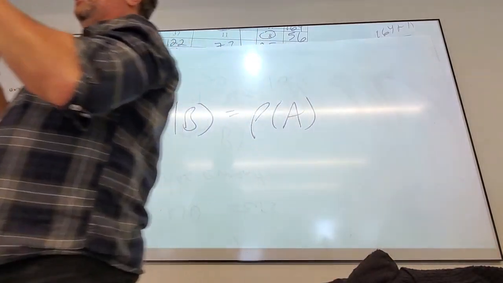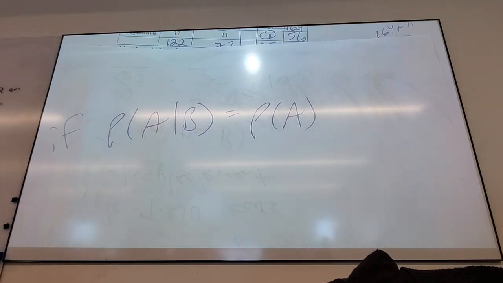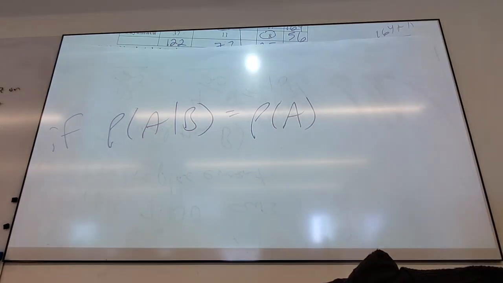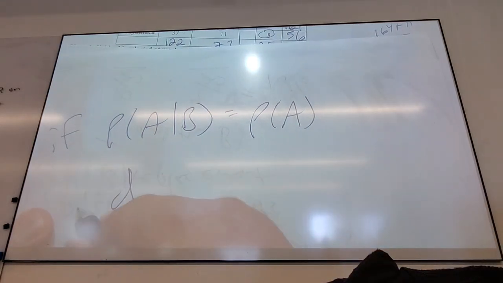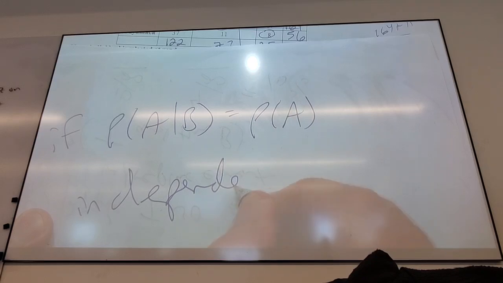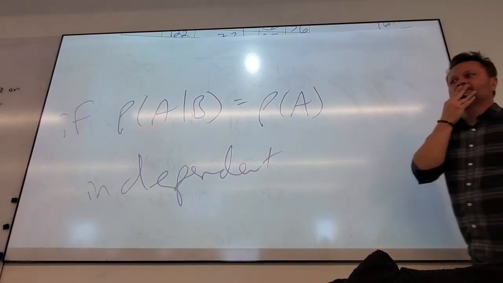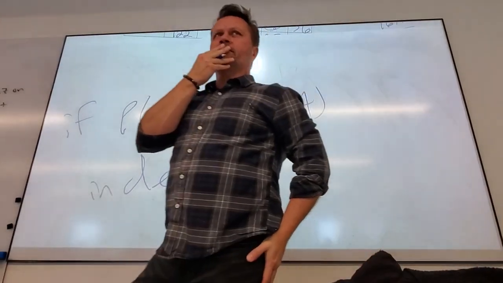Yes? Okay. So if I ask you, are A and B independent, you calculate those things and you see if they're the same. If they're the same, independent. If they're not the same, then they're dependent. That's it.